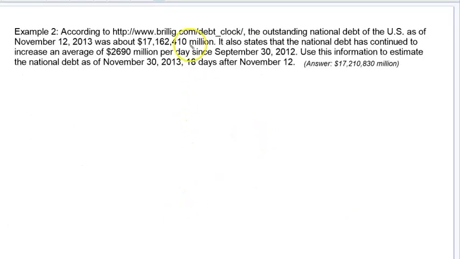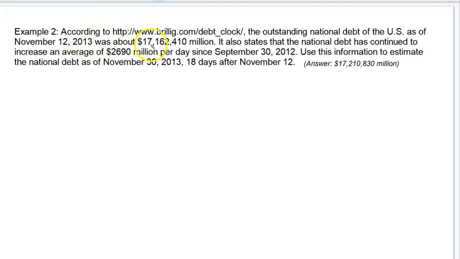So, all right, here's another interpolation example. According to this website, it gives us information about the national debt of the U.S., pretty hot topic in every election cycle. But as of November the 12th of 2013, it's grown quite a bit since then.